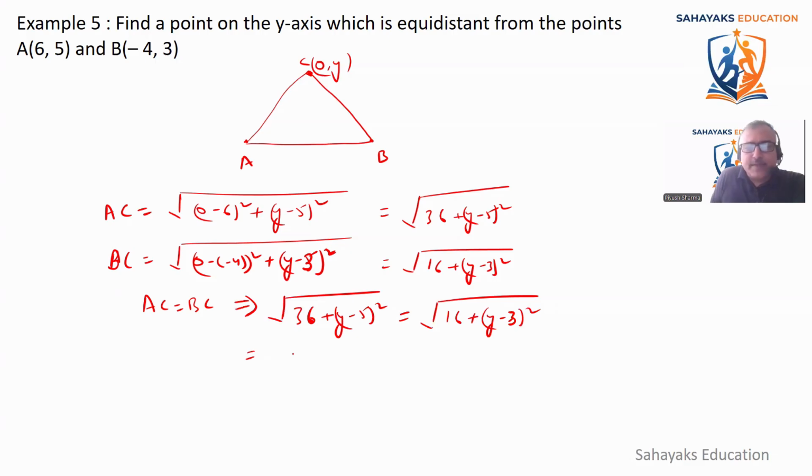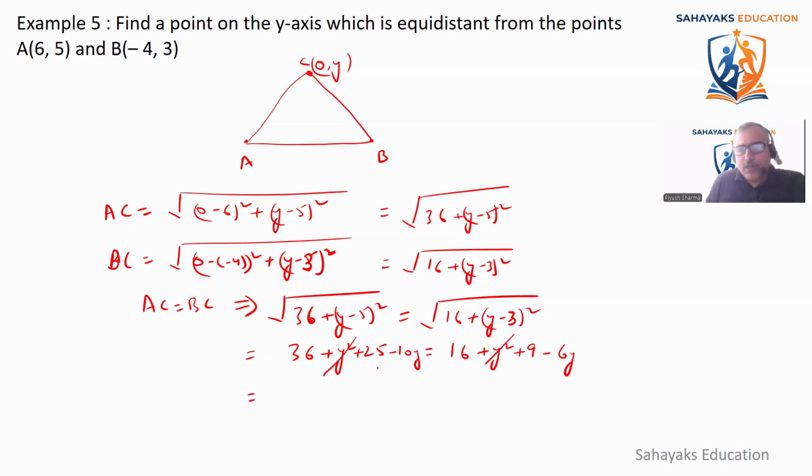It will come as 36 plus y minus 5 whole square, I'll open this part also: y square plus 25 minus 10y is equal to 16 plus y square plus 9 minus 6y. See, y square will get cancelled with y square.